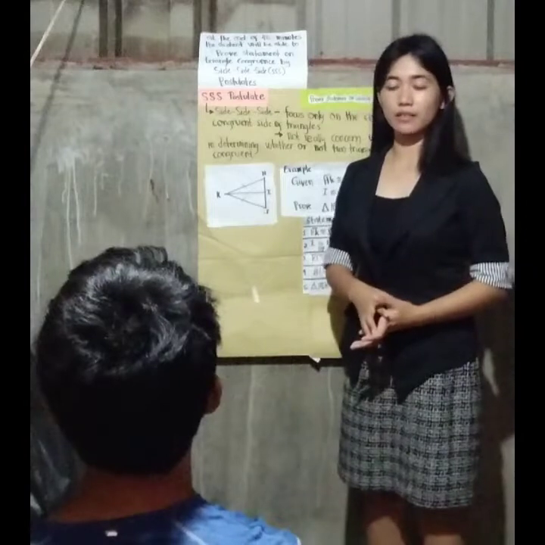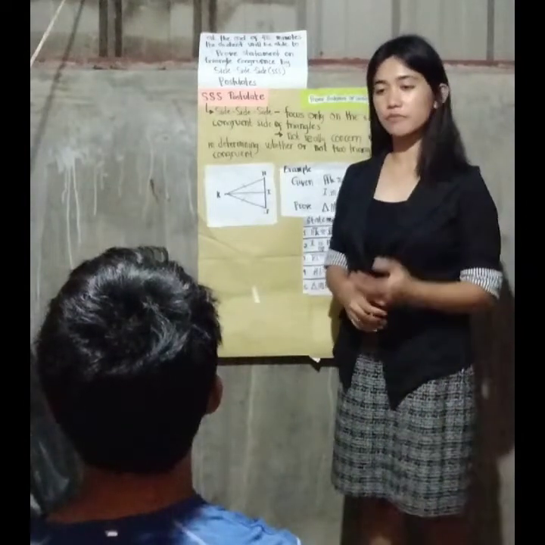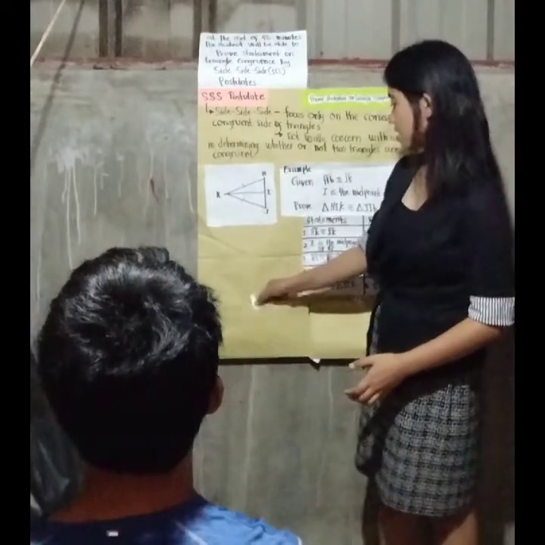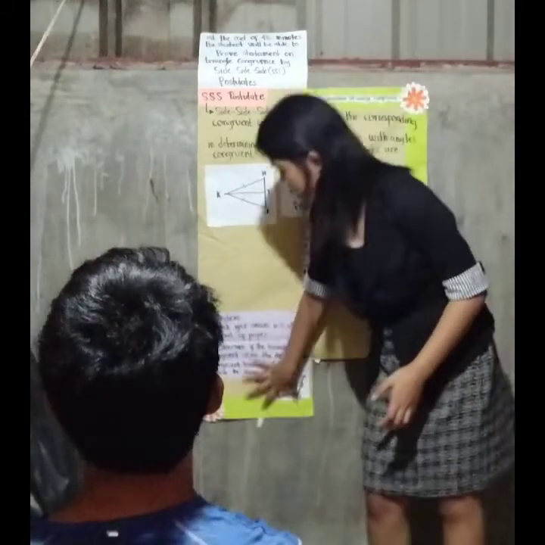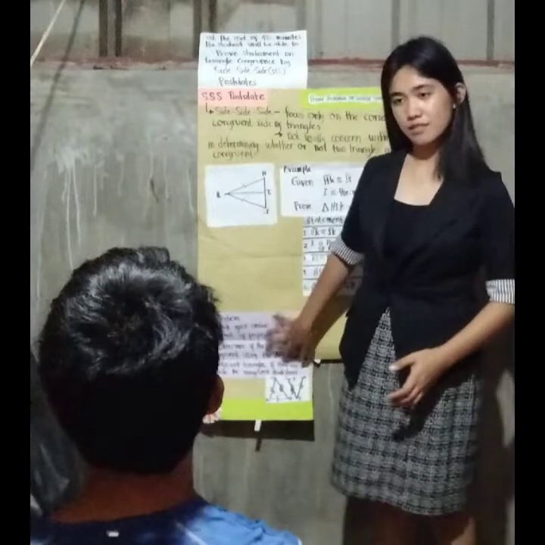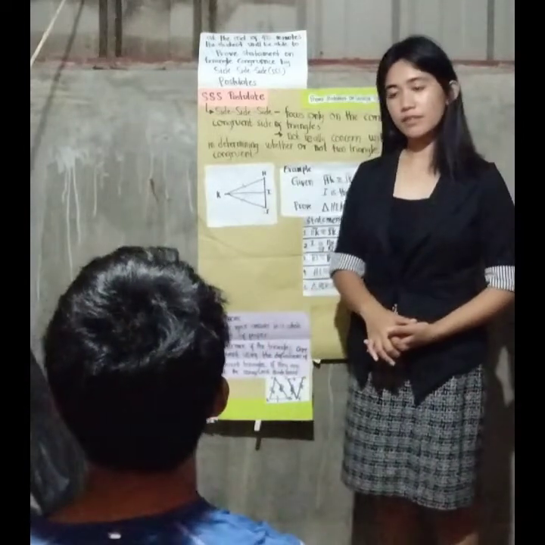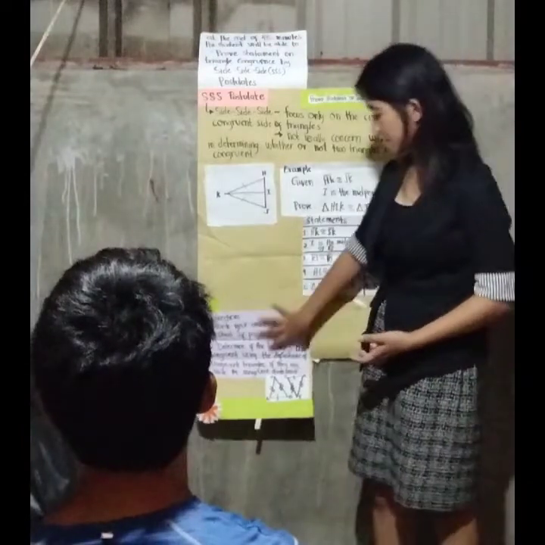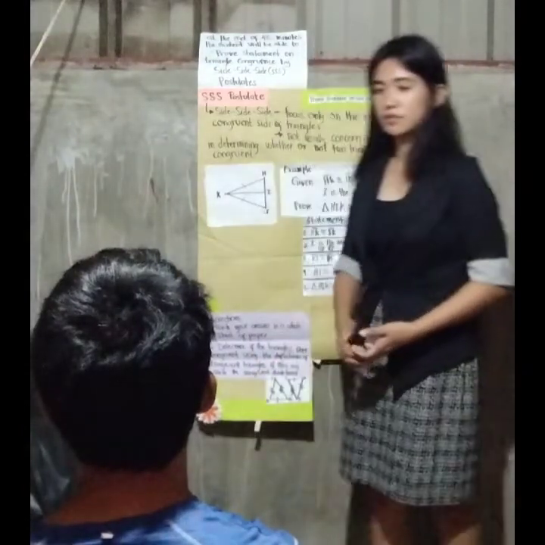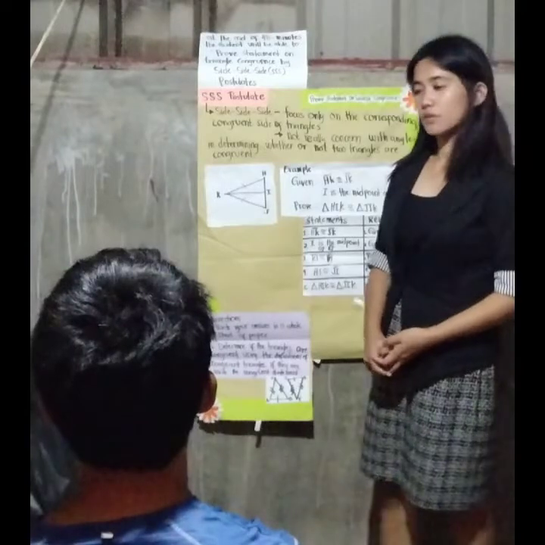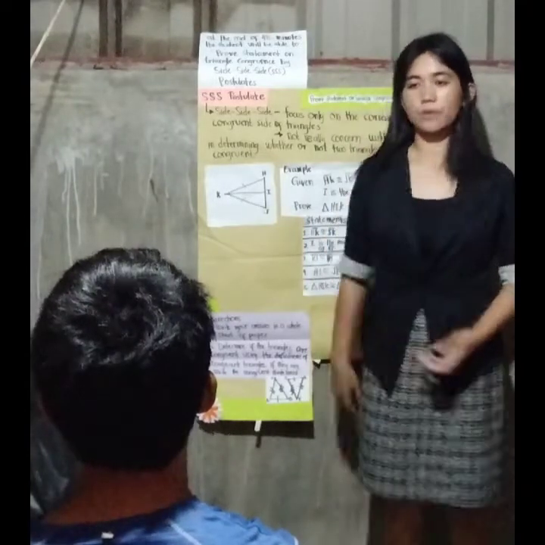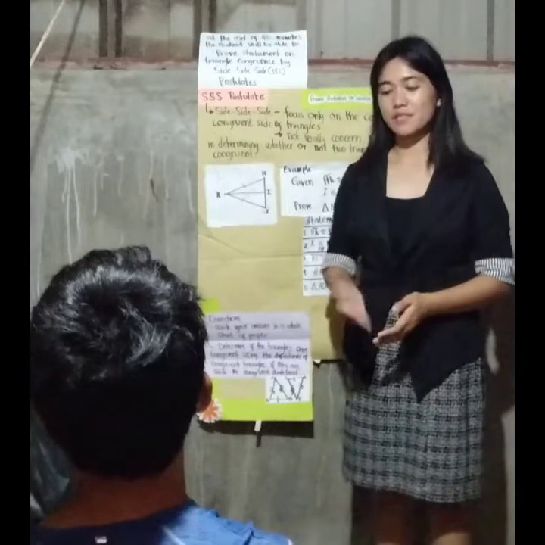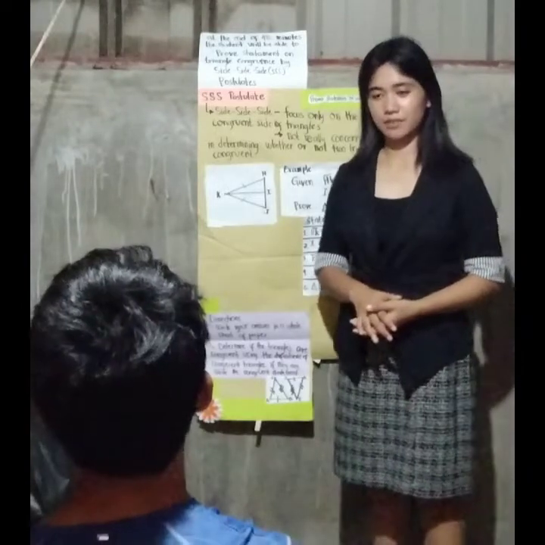For your individual activity, get a whole sheet of paper and answer this exercise. You have only 5 minutes to answer the exercise that I pasted here on the board. Time starts now. Okay, time is up. Finished or unfinished, pass your papers in front.